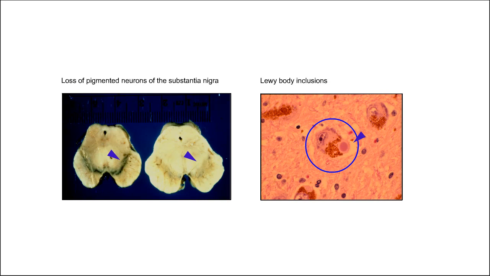But in the surviving neurons in this substantia nigra, we see accumulation of proteins. It looks like big aggregates, and those consist of the protein synuclein, meaning that the protein the identified gene translates into is the protein that accumulates in the brain of patients with Parkinson's disease. So this was a major discovery.